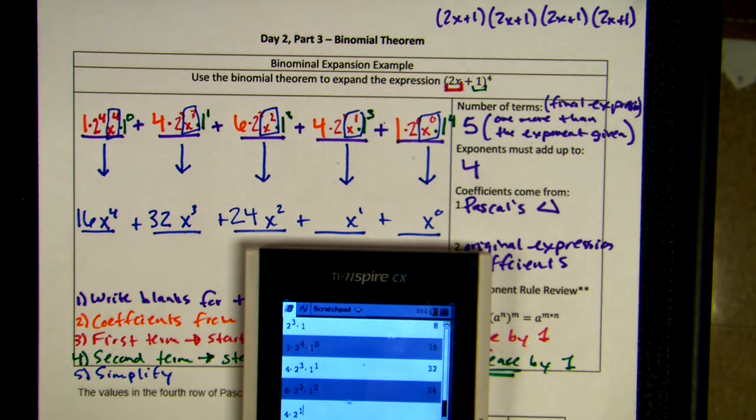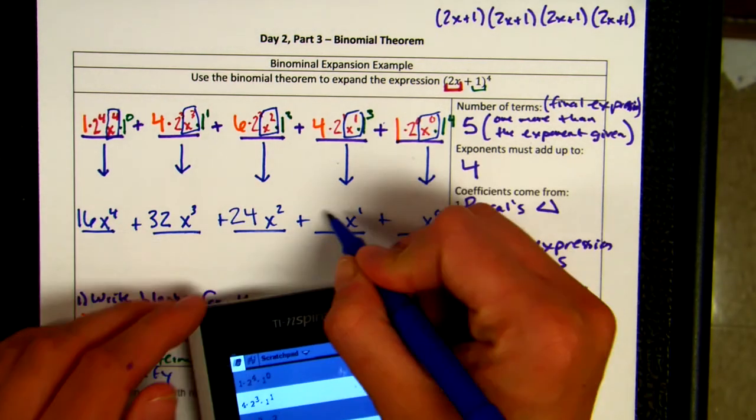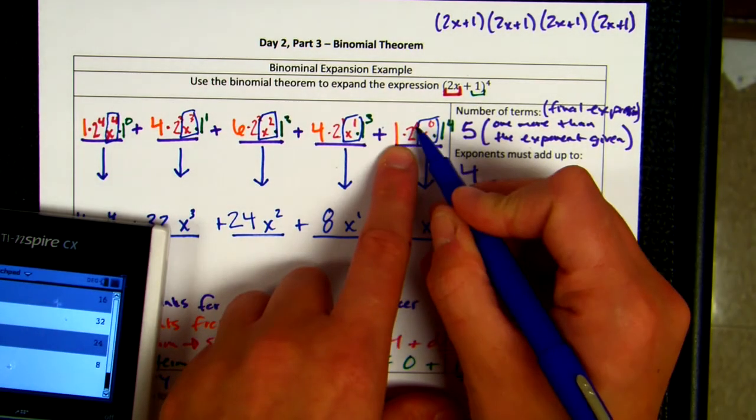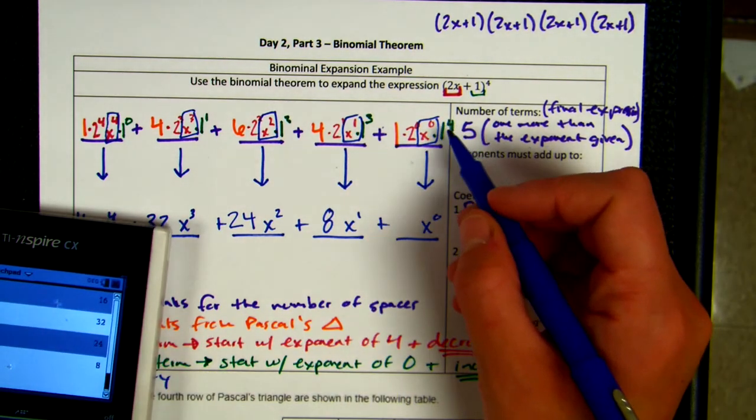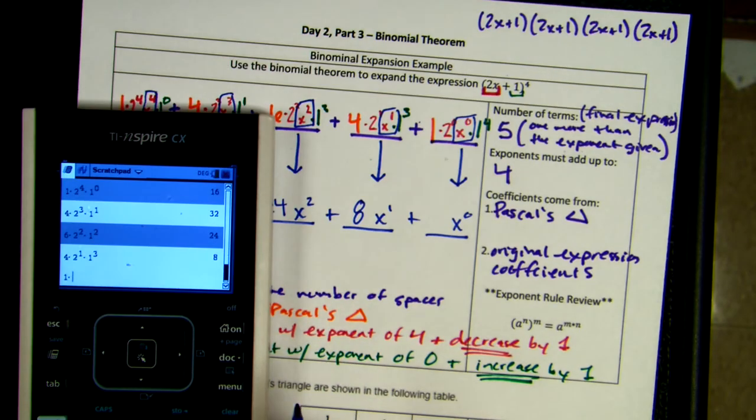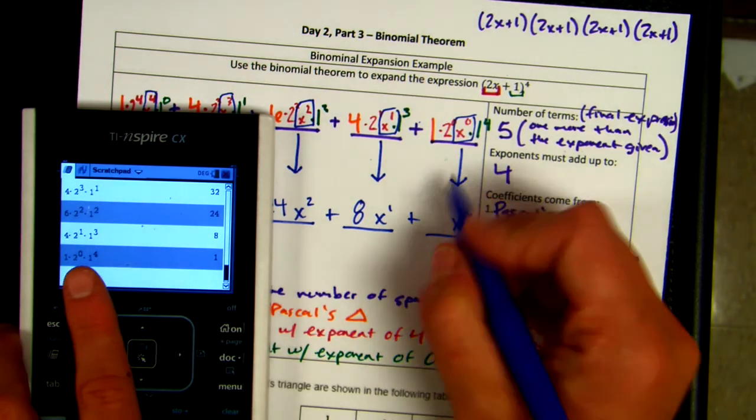Oops, typed that in my calculator wrong. Times 1 to the power of 3. That gives me 8. And on this very last one, I have 1 times 2 to the 0 times 1 to the fourth. So 1 times 2 to the 0 times 1 to the fourth should give me 1.